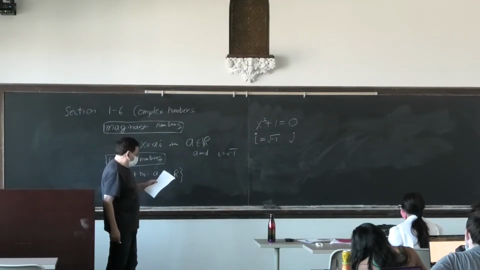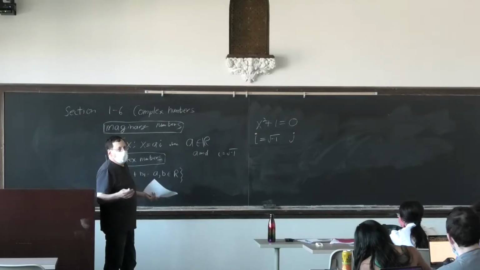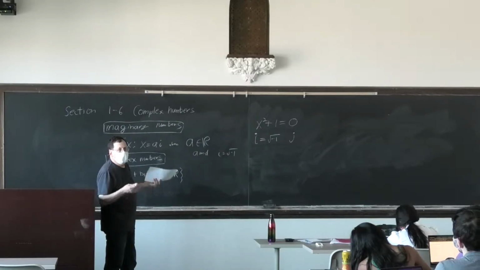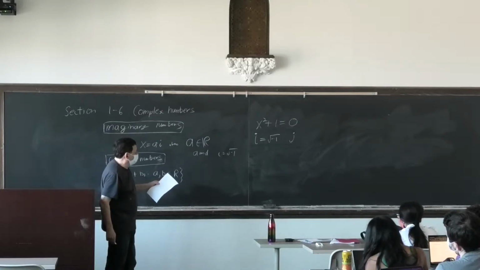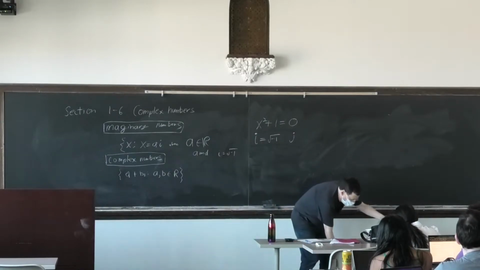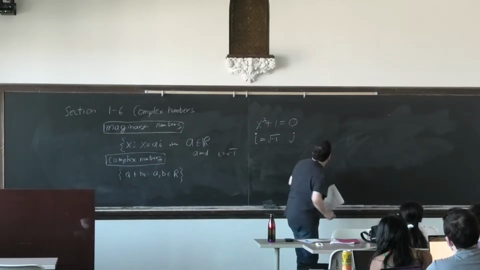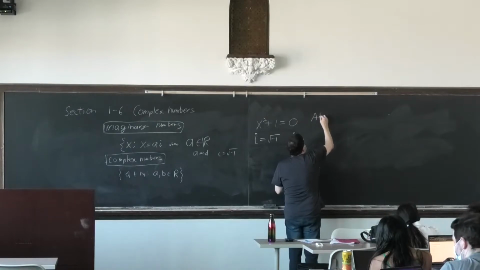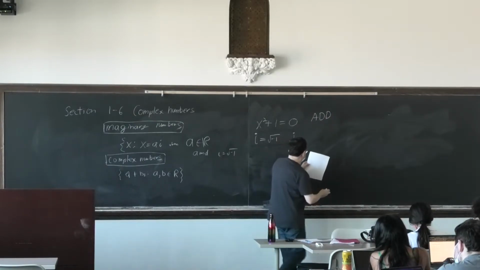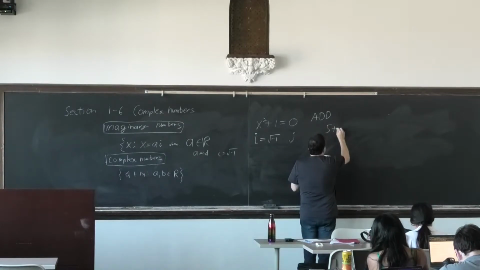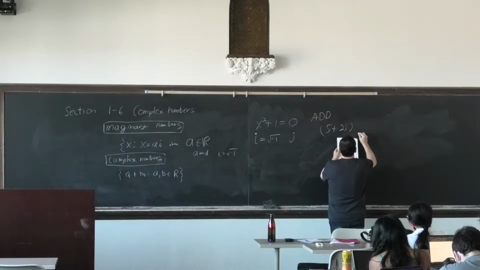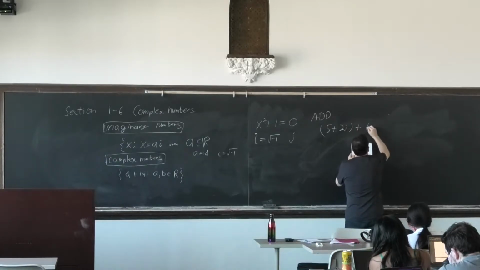All right, so now we want to know how to manipulate these numbers. How do we do the standard operations we're used to? Some of these are pretty straightforward. For example, if I wanted to add two complex numbers, let's just do an example. 5 plus 2i plus 6 plus 3i.